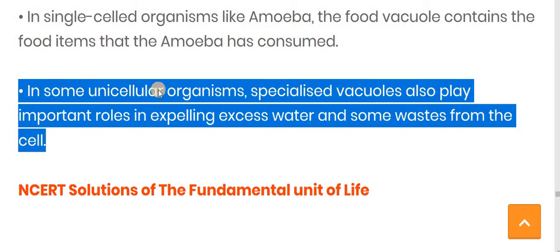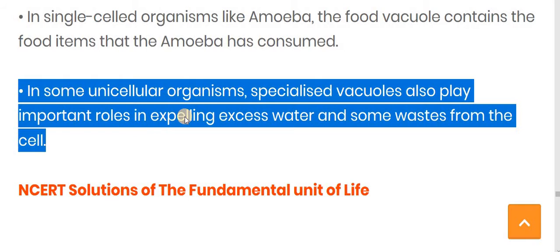In some unicellular organisms, specialized vacuoles also play an important role in expelling excess water and some waste from the cell. As I told you, in some unicellular organisms this vacuole plays a very important role. Which kind of important role?